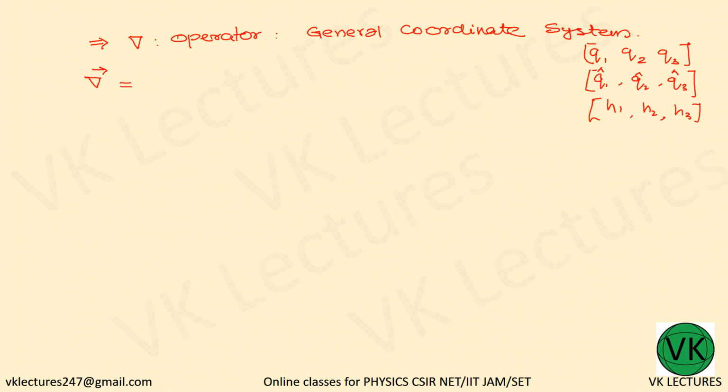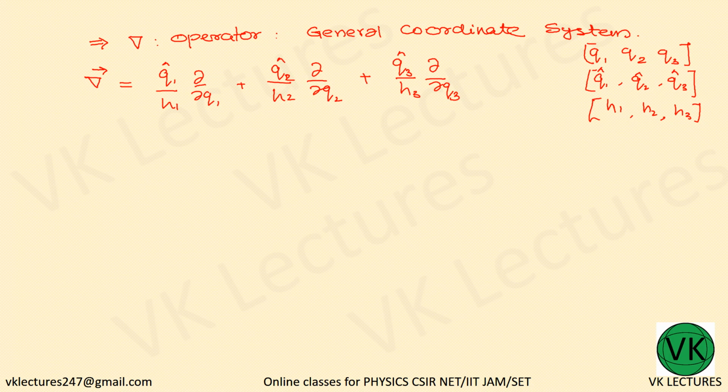So that's equal to q1 cap by h1 dou by dou q1 plus q2 cap by h2 dou by dou q2 plus q3 cap by h3 dou by dou q3.